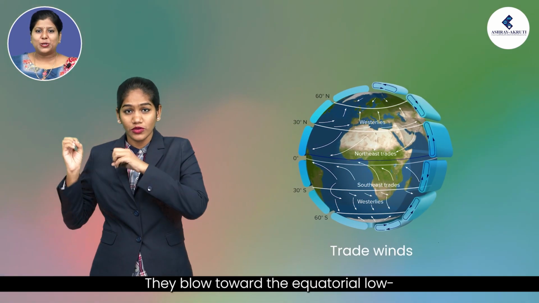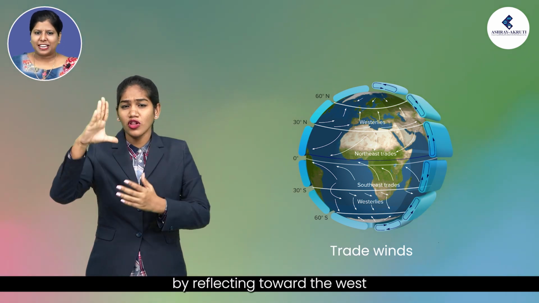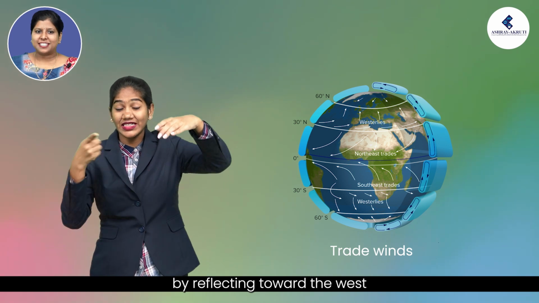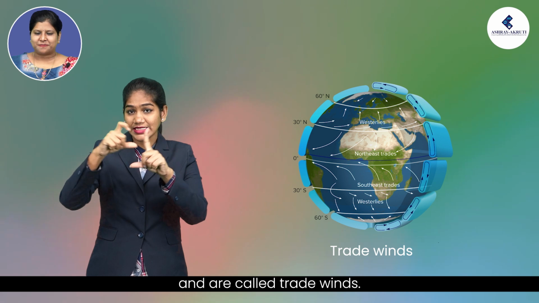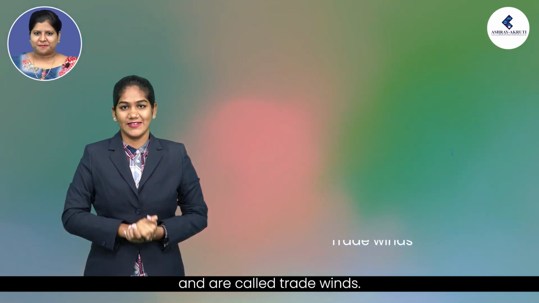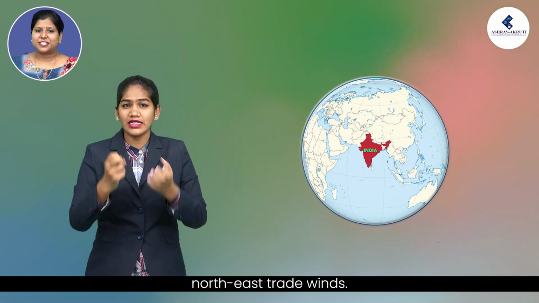They blow towards the equatorial low pressure belt by deflecting towards the west and are called trade winds. India lies in the belt of dry northeast trade winds.